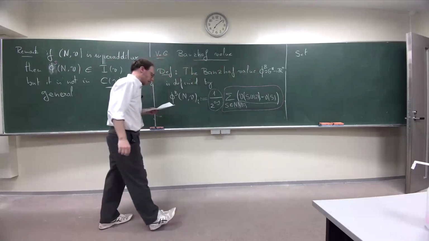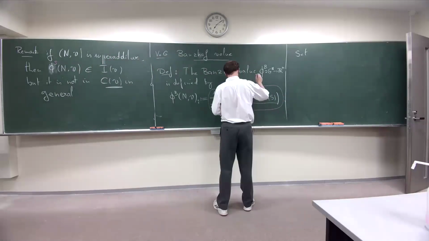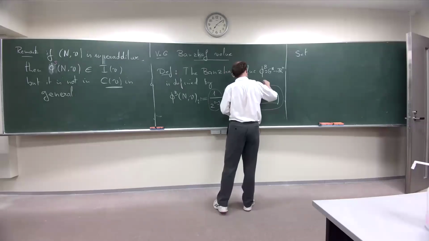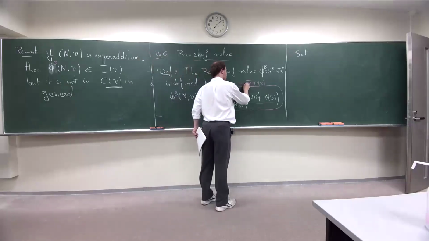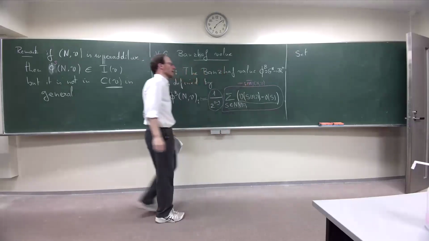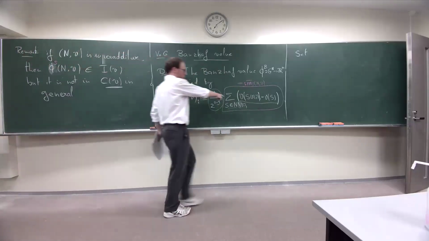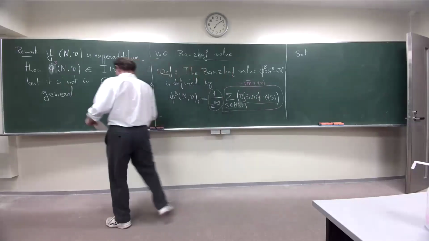I will call it m bar i n b. It's a definition. We will see why. It's the sum of all contributions of player i to the coalitions S.